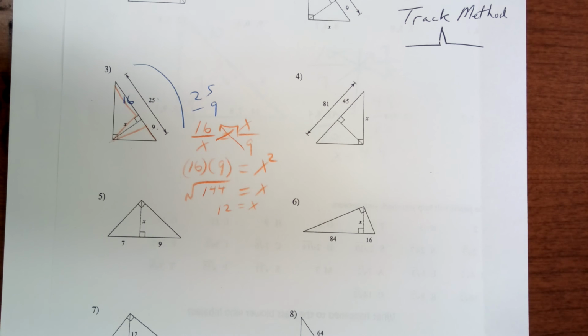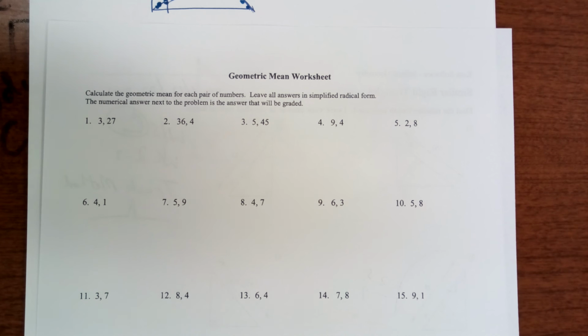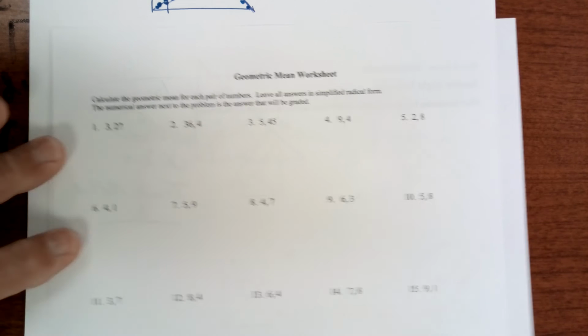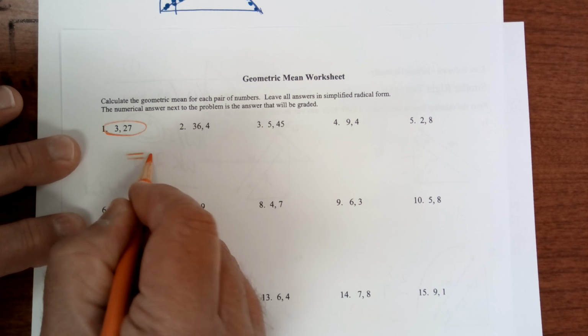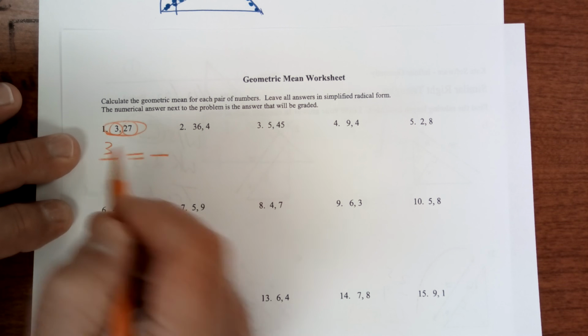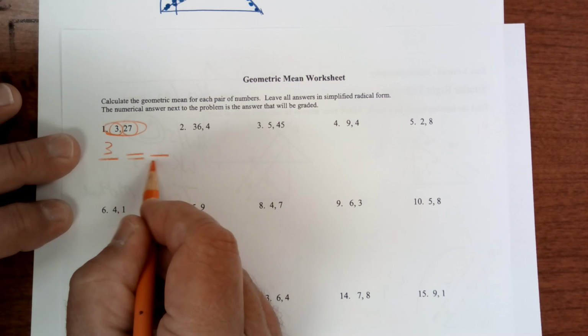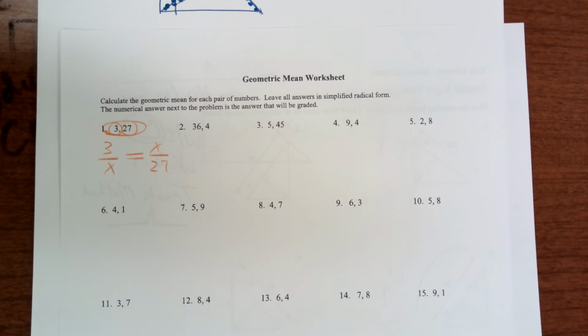When you finish the front side, I will show you the back side. Okay? The back side here is they're looking for the geo mean. So you're going to set up a proportion like this. And these numbers are going to go in the first slot, okay, and the last slot. And then these get x's. And then you cross multiply and then take the square root. Okay?